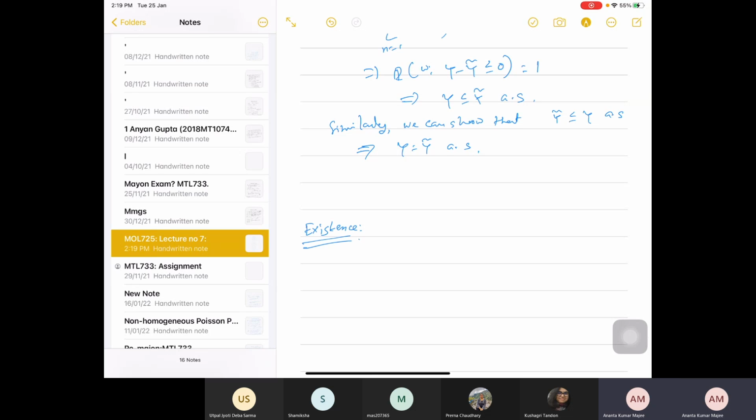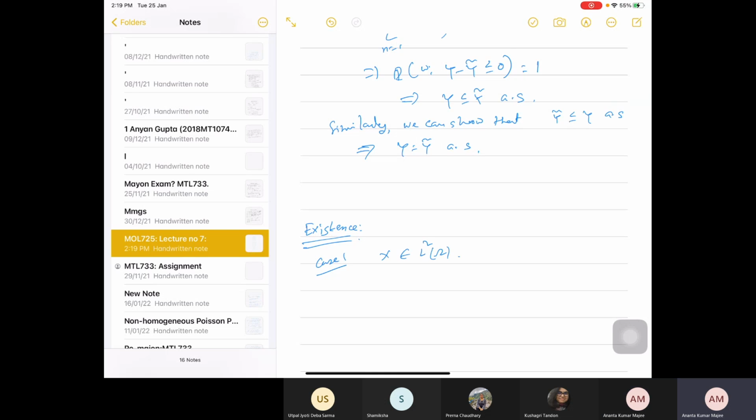So why I am doing this existence proof, you will see that it is a very nice property. In particular, first we will try to prove the existence of conditional expectation for an L2 random variable. L2 random variable means basically, suppose my random variable X is in L2 of omega. Okay. So case 1, X is in L2 of omega.